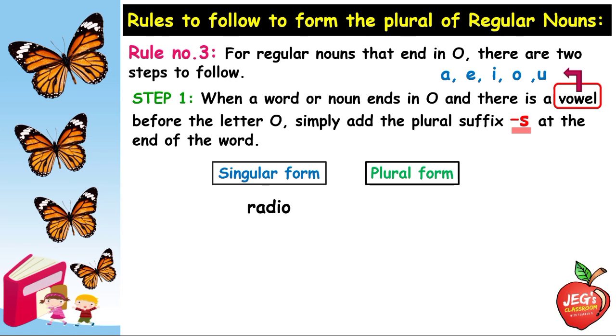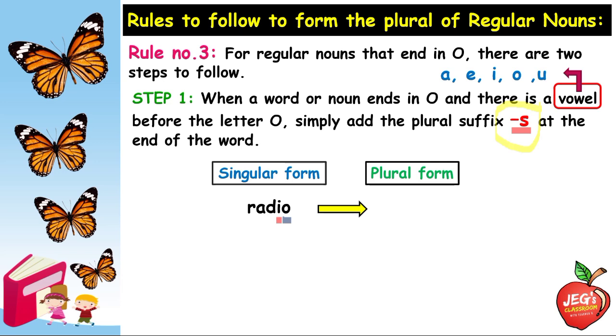The first one is the word radio. As you can see, the word radio ends in o, and before the letter o, there is an i, which is also a vowel. And it says that in rule number 3, step 1, when a word ends in o and with a vowel before letter o, we should only add an s to make it plural.